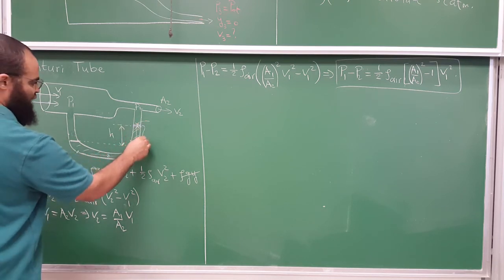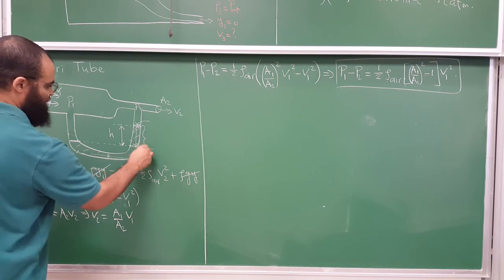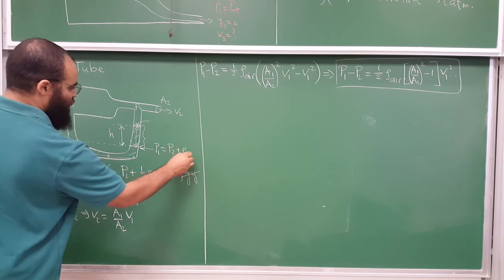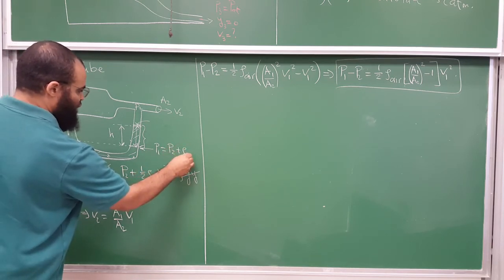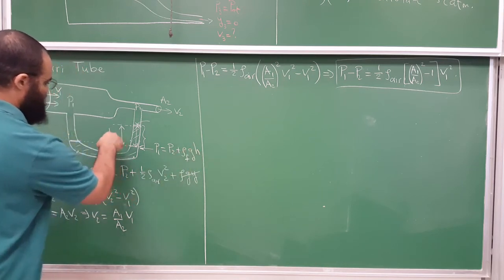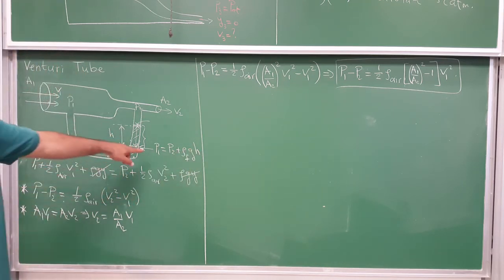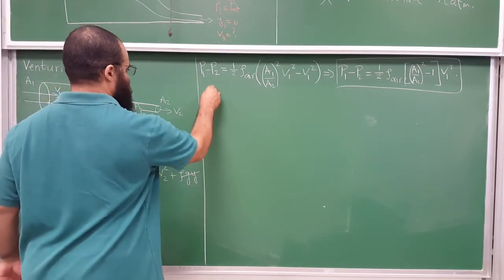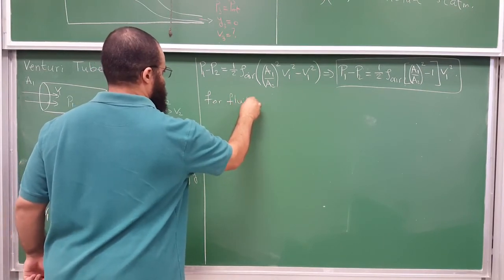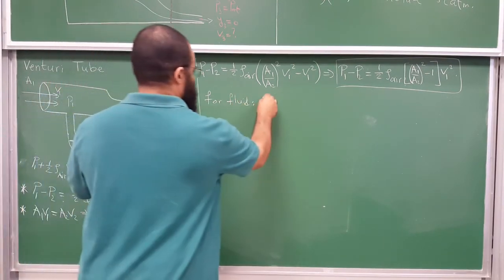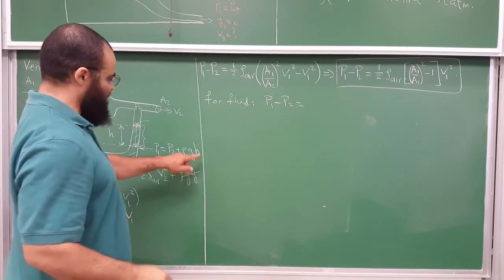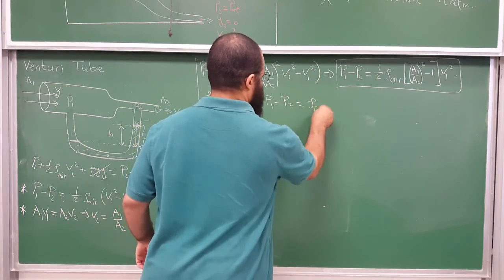As you go higher, it gets lower and it gets P2. So the pressure at this level, which is P1, is equal to P2 plus rho fluid times gravity times the depth, this h, which we can see. So for the fluid, P1 minus P2 will be rho fluid g h.